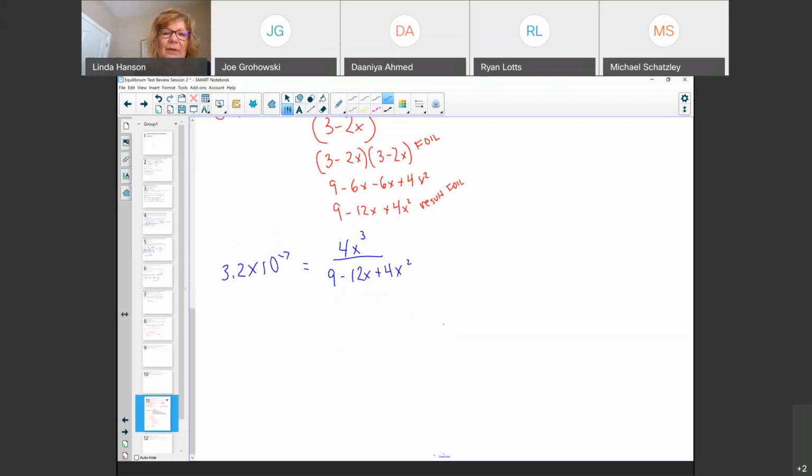Our next step is to cross multiply and bring this bottom over to the left side.